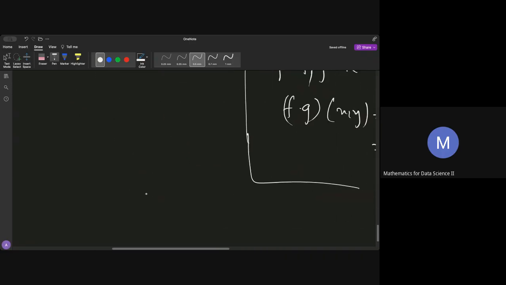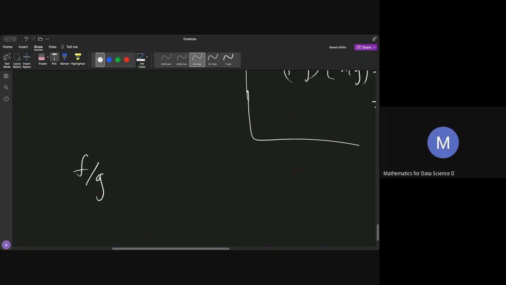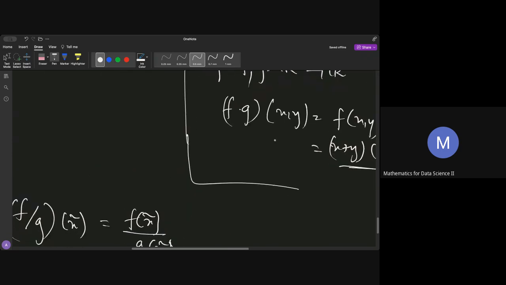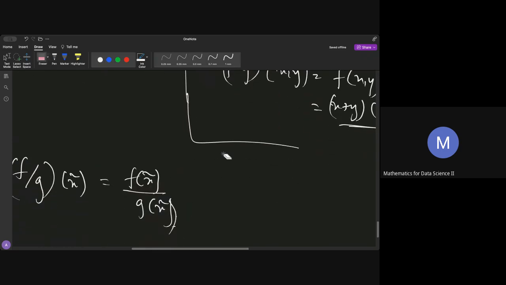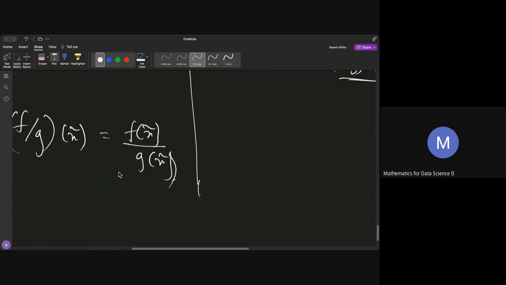Then coming to the division part, if you have f by g, and you are using it on x tilde, then this will be f(x tilde) by g(x tilde). So you can do the same thing for this one, right? If I take the same thing here, we don't know how to divide.